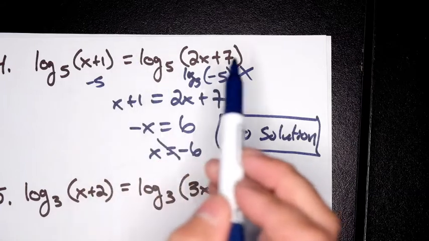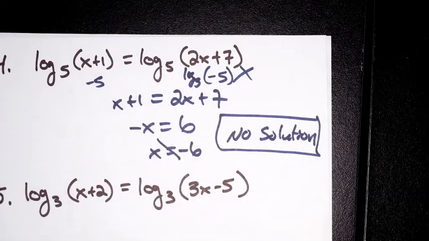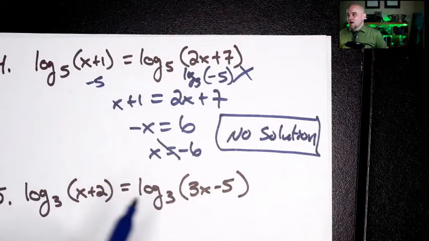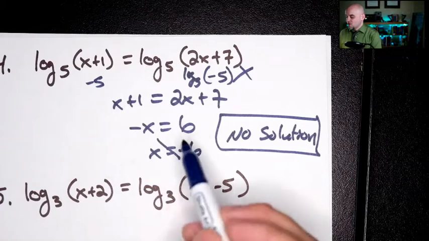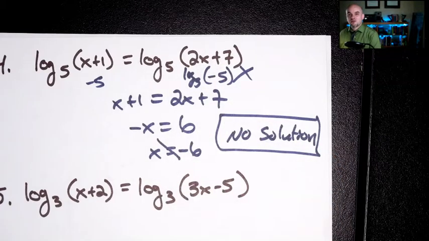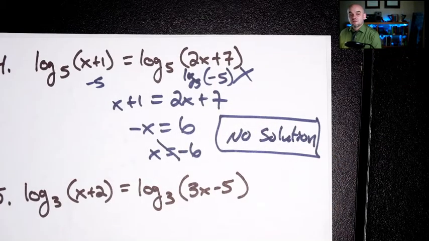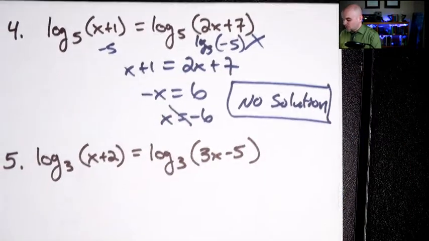But if I don't go back and plug it in and check, I'm going to say x equals -6 is my solution and then get the question wrong on the test. So you're almost there. Make sure you substitute it back in and make sure you're not taking the log of 0 or the log of a negative number, whatever the base might be.